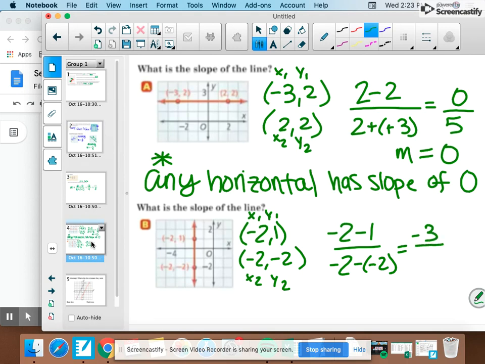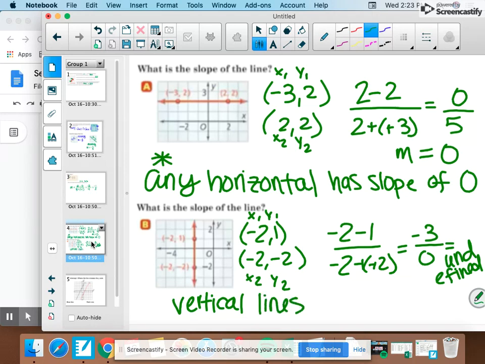That's going to become a negative 3 over 0. Now we cannot divide by 0, so we call this undefined. So any vertical line always has a slope of undefined.